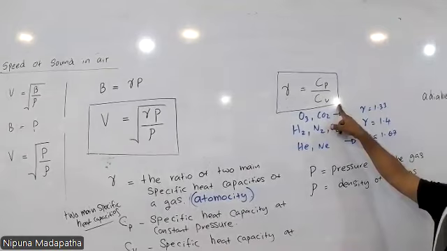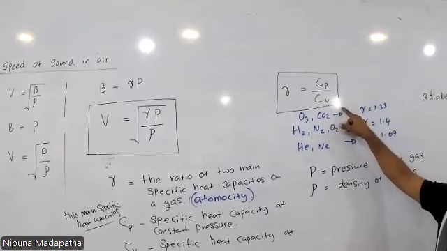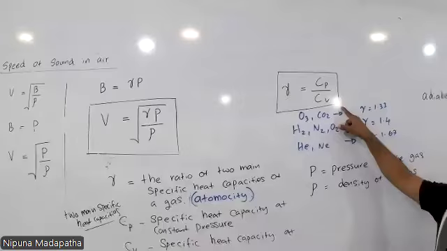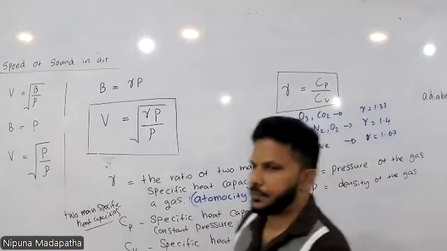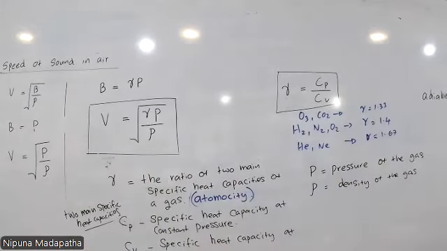Gamma is Cp over Cv. The value of gamma depends on the number of atoms in the gas molecule.